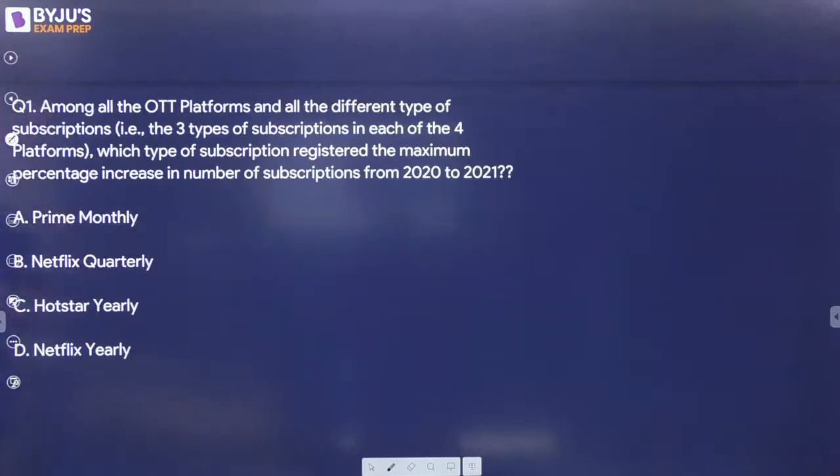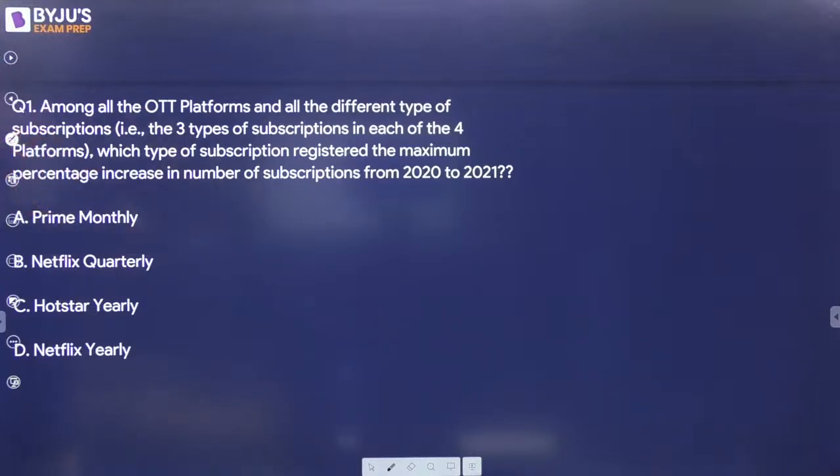The first question. Among all the OTT platforms, all the different type of subscriptions, ठीक है, यानी कि throughout, which type of subscription registered the maximum percentage increase in numbers of subscriptions from 2020 to 2021?